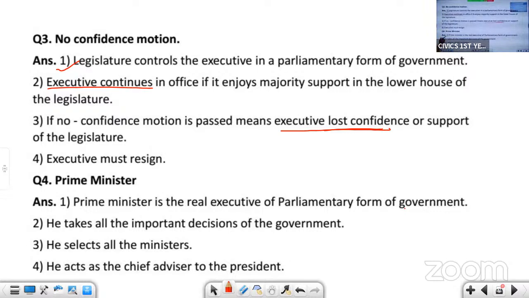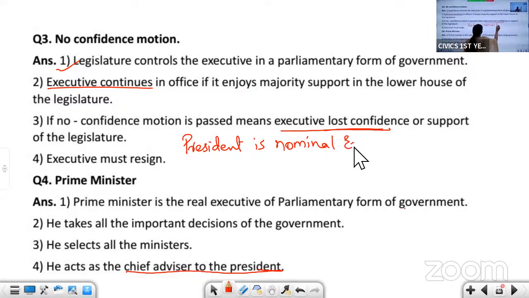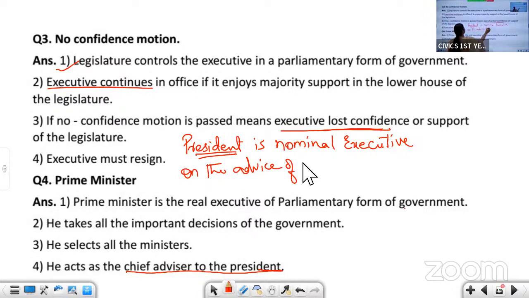Then he acts as the chief advisor to the president. In parliamentary form of government, president is nominal. President is nominal executive. So president performs all his functions on the advice of the Prime Minister, because this Prime Minister is the real executive.